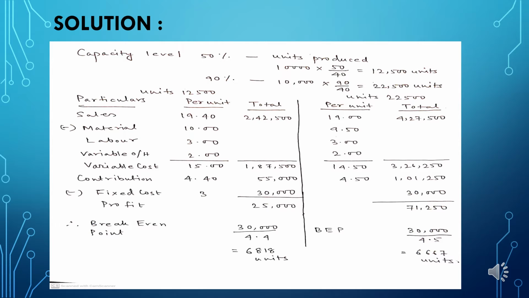To find out profit, we use the formula of sales minus variable cost gives us contribution, minus fixed cost gives us profit. In this case, the variable cost can be subdivided into the material cost, the labor cost, and the variable overhead, while the fixed overhead will be the fixed cost.